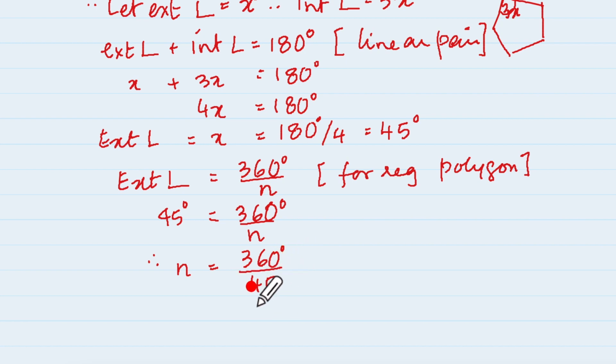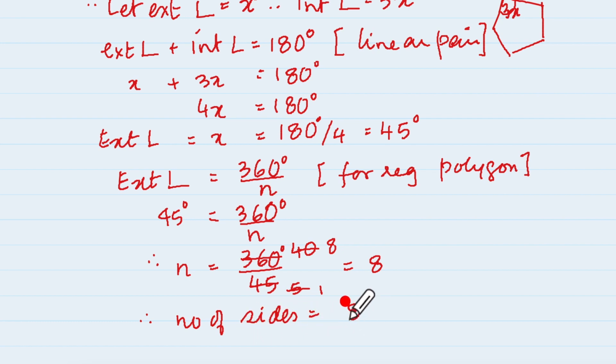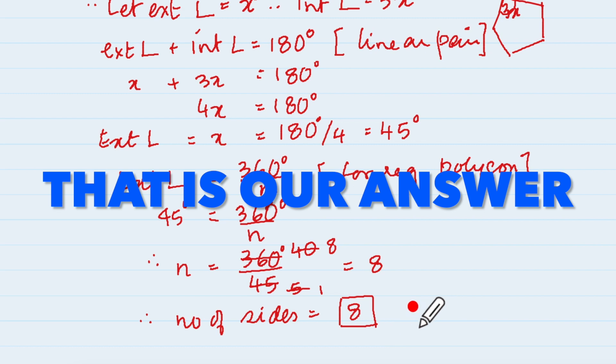Correct? Now 9 5s are 45 and 9 4s are 36. That will give us, so therefore number of sides is 8, and that is our answer.